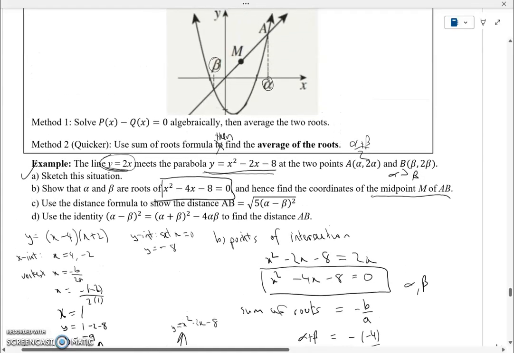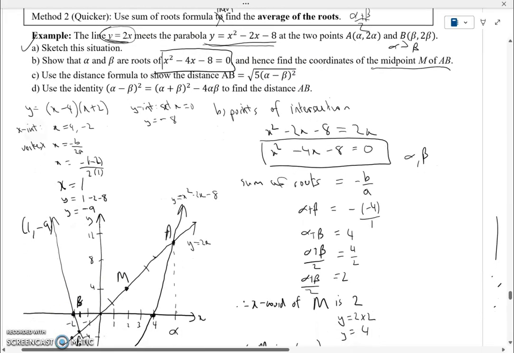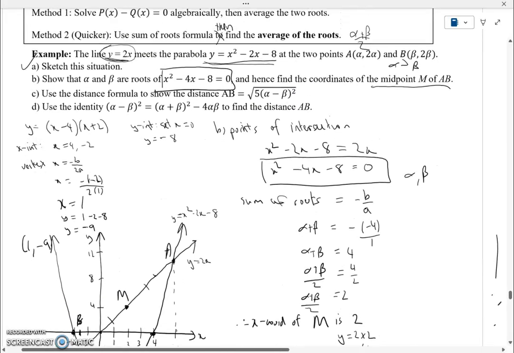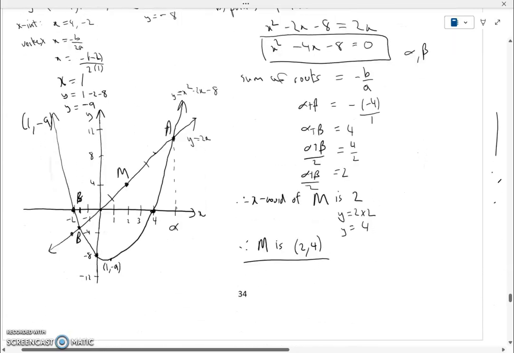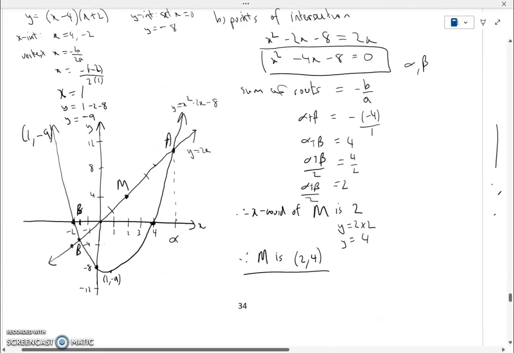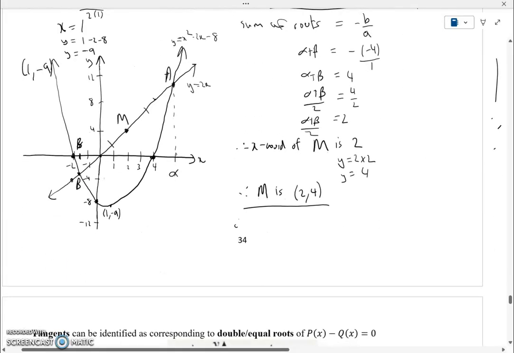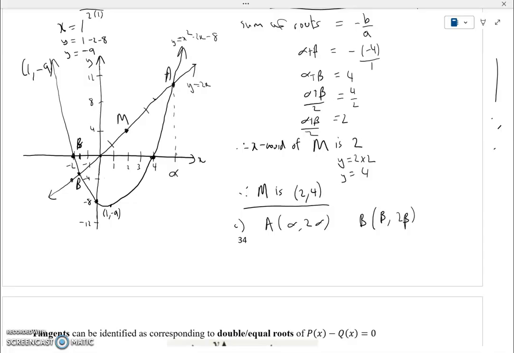C. Use the distance formula to show the distance from A to B is given by that formula. A is (alpha, 2 alpha), B is (beta, 2 beta). The distance formula: square root of x2 minus x1 all squared plus y2 minus y1 all squared.